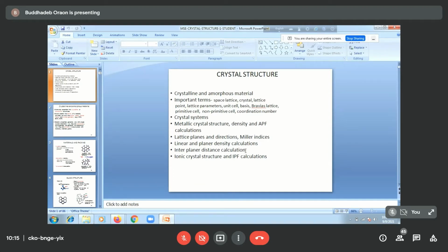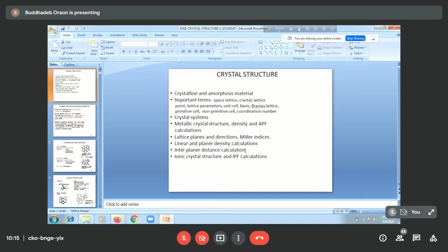Suppose there is an alloy, and there may be some elements mixed in the alloy, and you want to know the percentage of each of these elements in that particular alloy. So devices like EDAX can be used. It will give you the percentage of different components in a mixture, in an alloy.